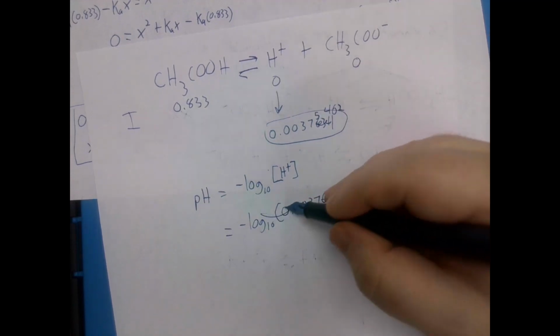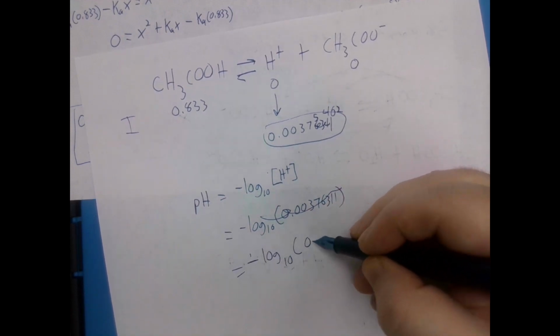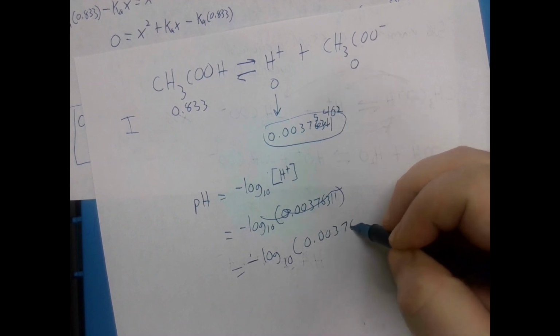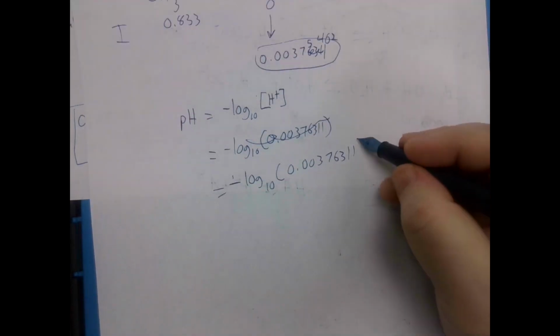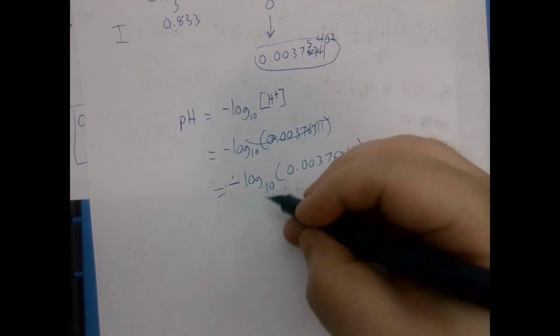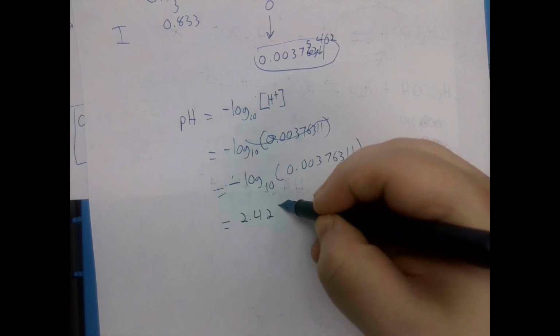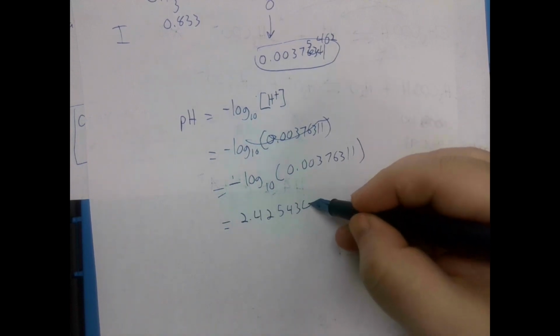So negative log base 10 of 0.0037546, and I get a pH of 2.425434.